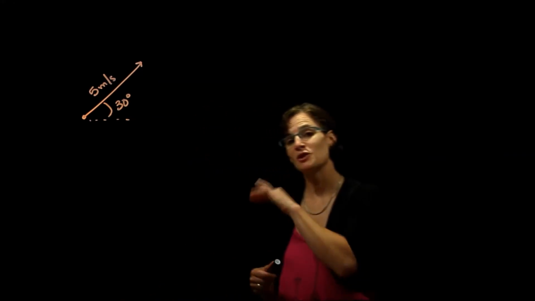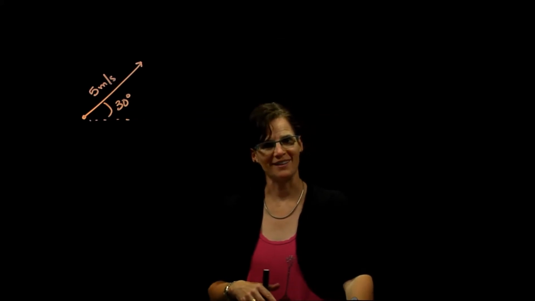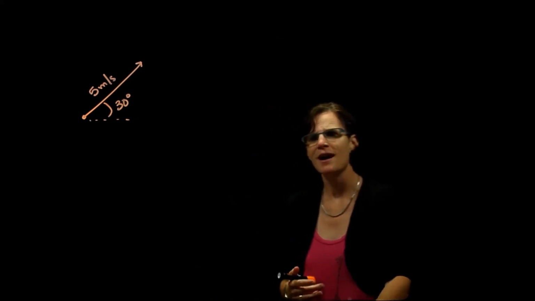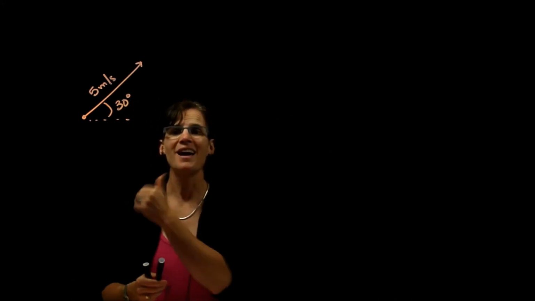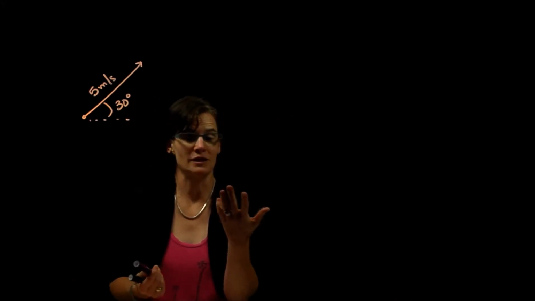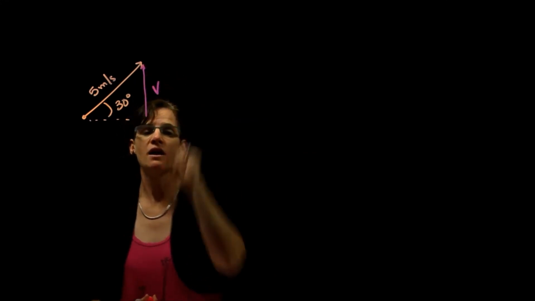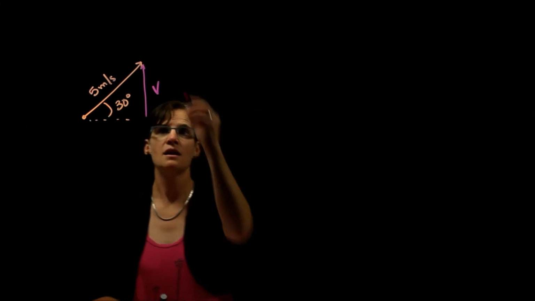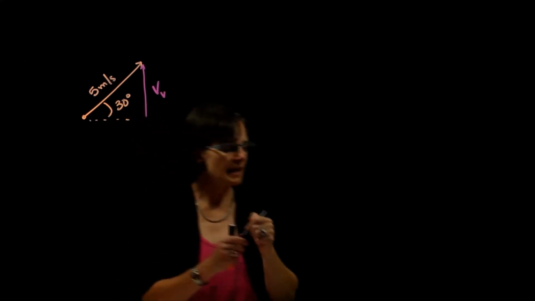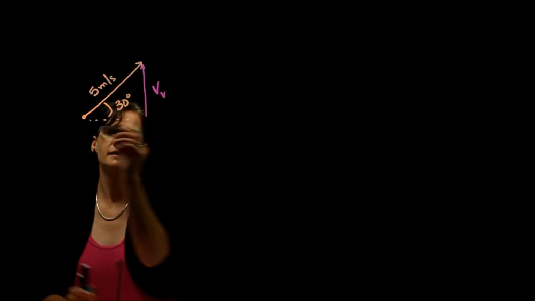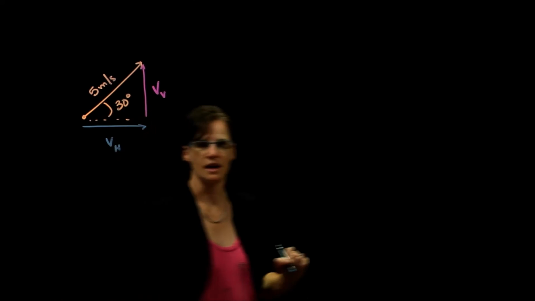So if I am shooting my ball at 5 meters per second at a 30-degree angle, another way to describe that is I am shooting it up and to the right at 30 degrees. So there is an up piece of this velocity, a velocity in the vertical direction, and there is an over piece of this velocity, a velocity in the horizontal direction.